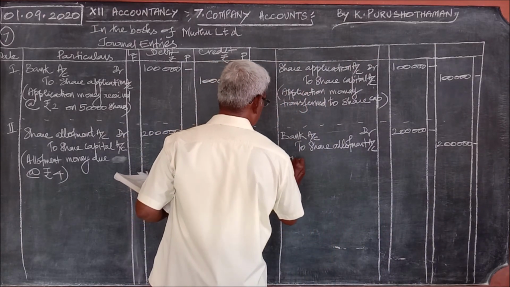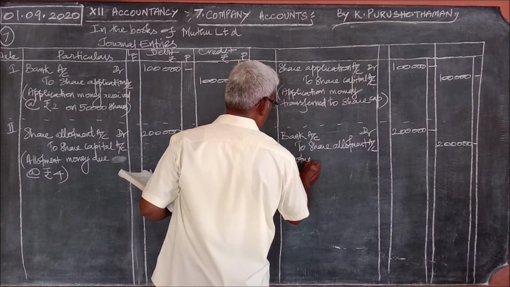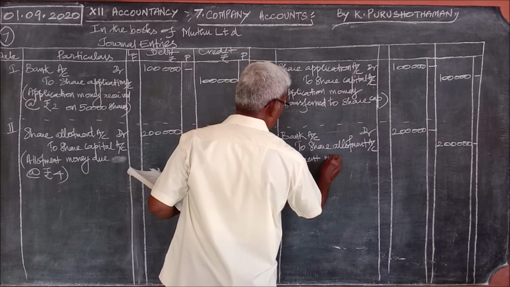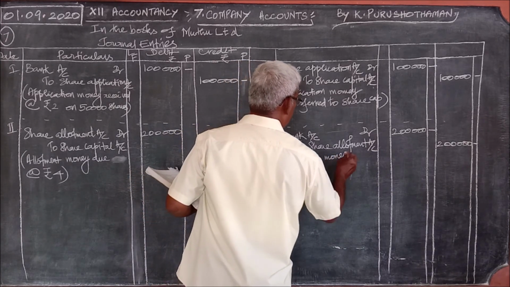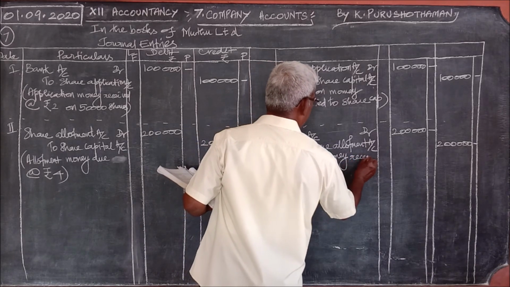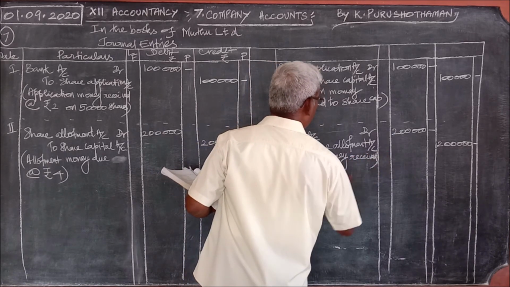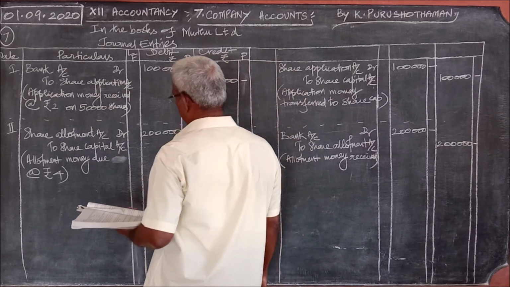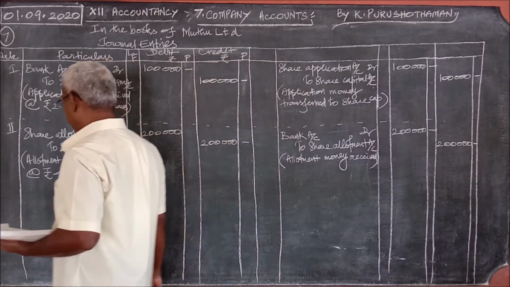Narration: allotment money received. The second stage is over.